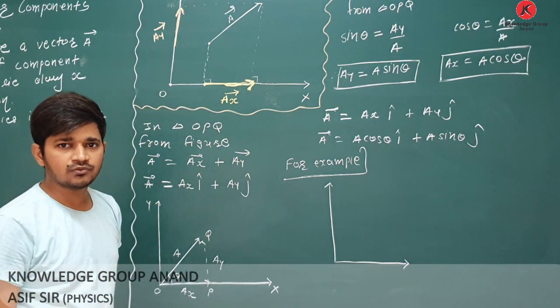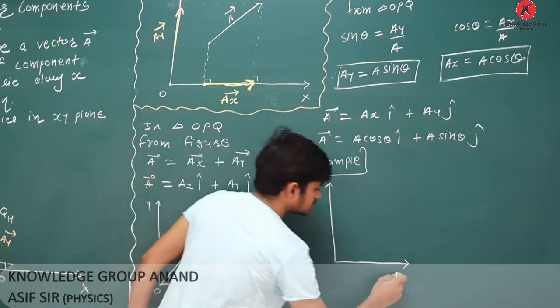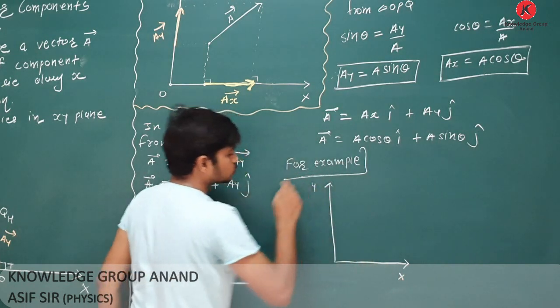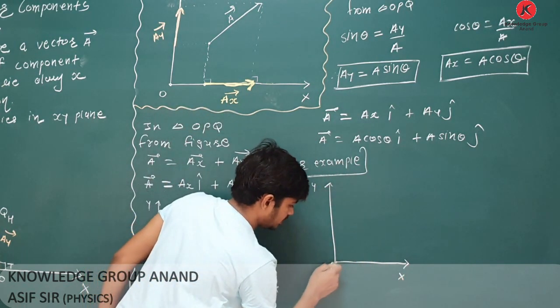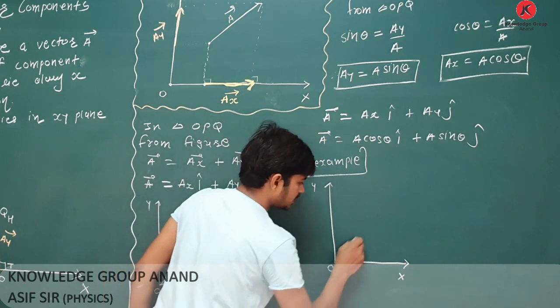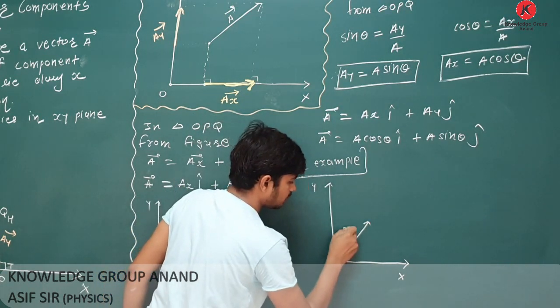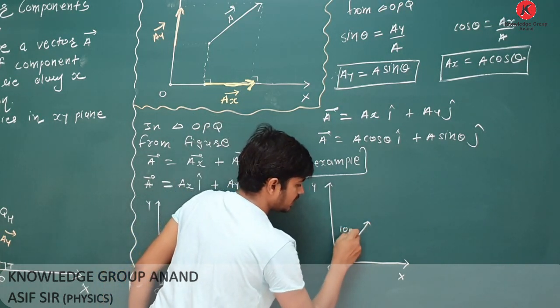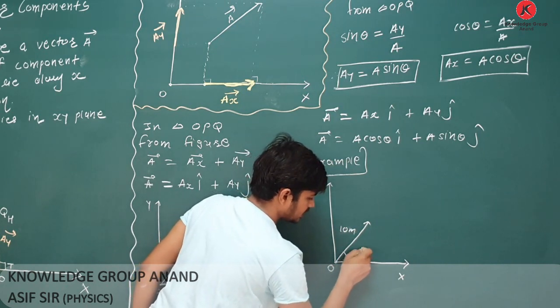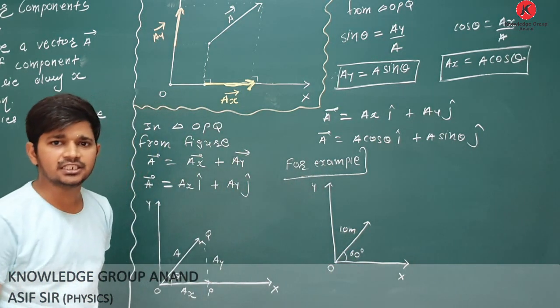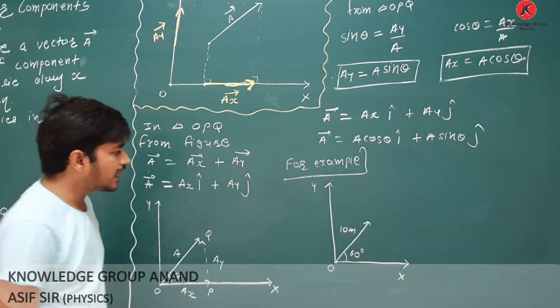It is x-axis, it is y-axis, it is origin. One vector is given in this direction, having value 10 meter, and this angle is 60 degree. Then how to resolve this vector C?